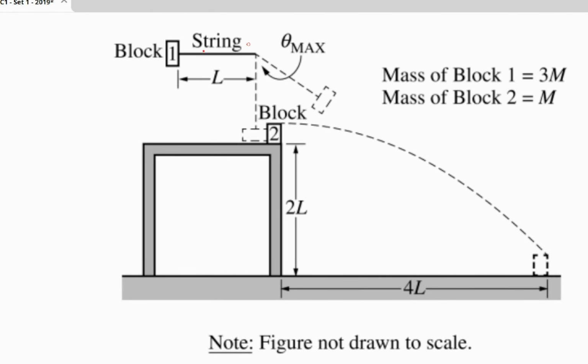Because the string is initially horizontal and becomes completely vertical, the height from the initial position to the PE level is equal to h, which is the length of the string. Then we would have g multiplied by L is equal to half v squared. Then v squared is equal to double gL. Then indeed, the speed of block 1 momentarily before the impact is given by the square root of 2gL.